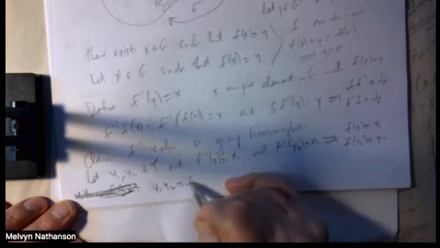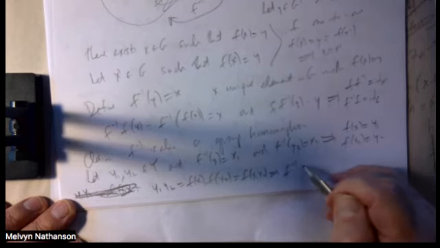So y1 y2 is f of x1 times f of x2, but because f is a homomorphism, this is f of x1 x2, which means that f inverse of y1 y2 is x1 x2. And x1 is f inverse of y1, and x2 is f inverse of y2.